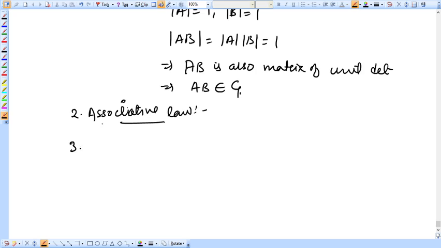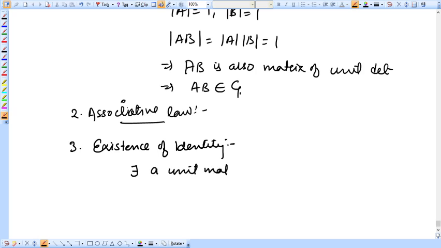Next is existence of identity. There exists a unit matrix I equal to I_n, belonging to G. Here n means the order of the identity matrix is n by n.